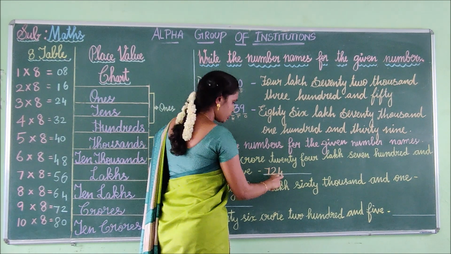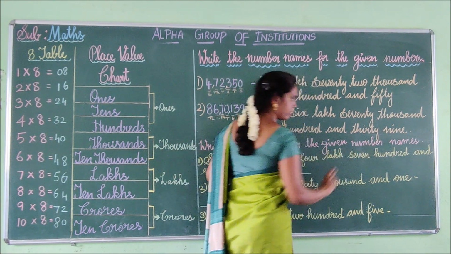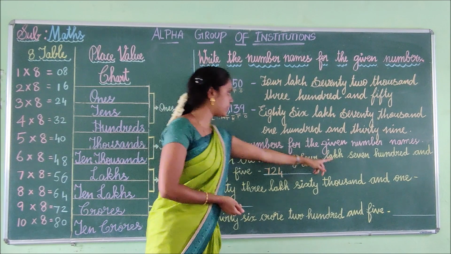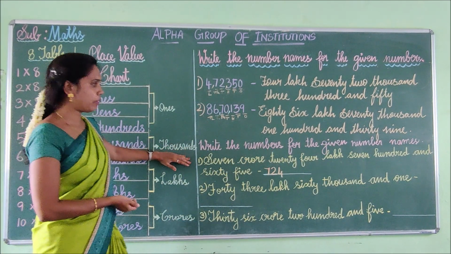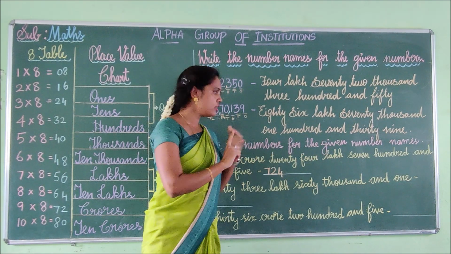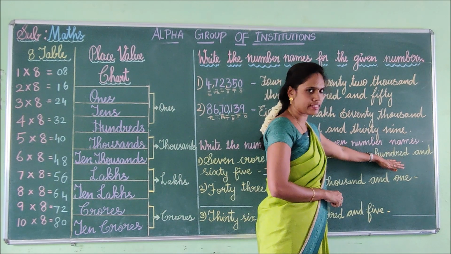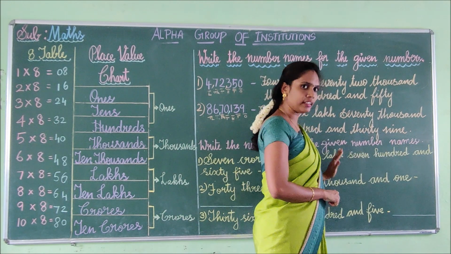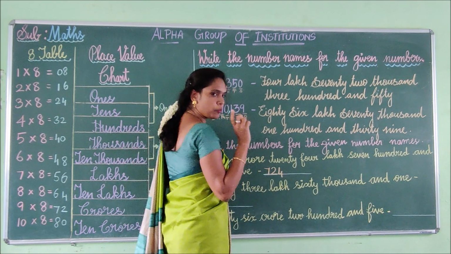So 24 lakh 700. See children, after lakh the number should be in thousands, but here 1000 is not there, and 10,000 is not there. Next you have the 100 place. You should not leave the number out. So instead of that thousands place, you have to put 0.